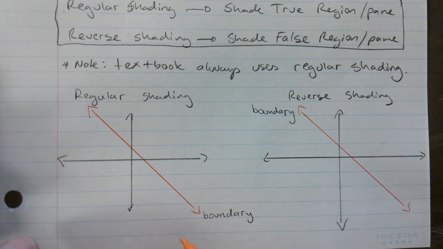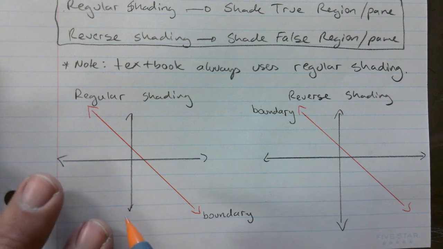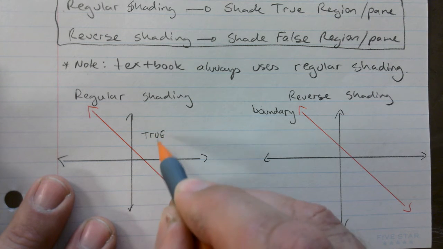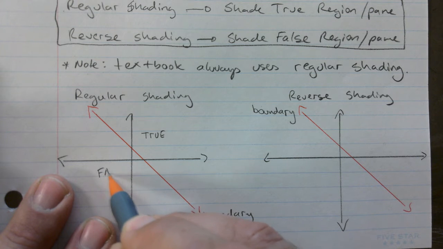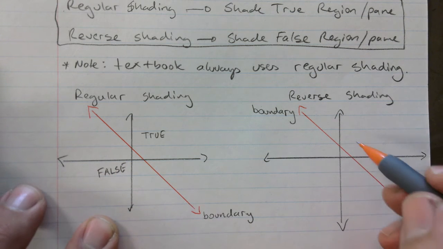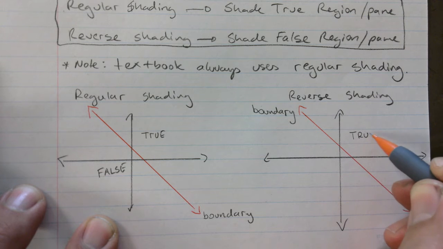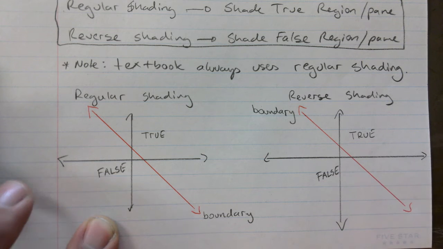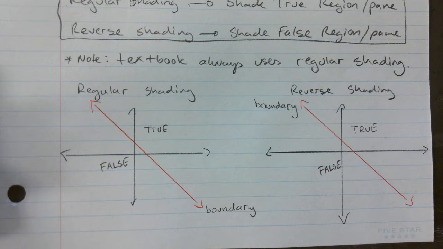So let's say for both of these lines, the true section is above, and therefore the false is below the line. And we do the same thing here, true and false. Just for now, trust me. Okay? For now, you just have to trust me.